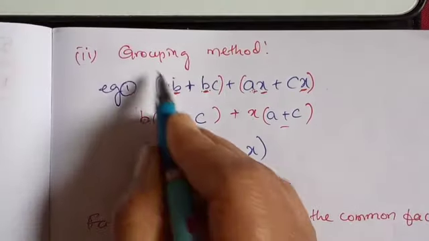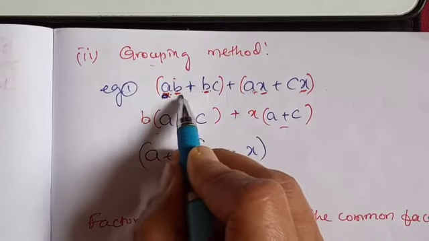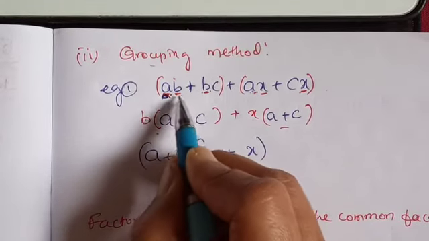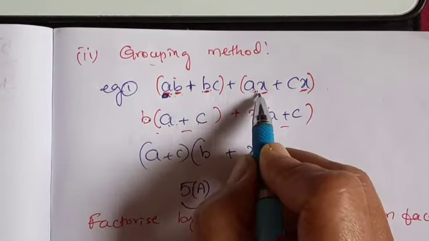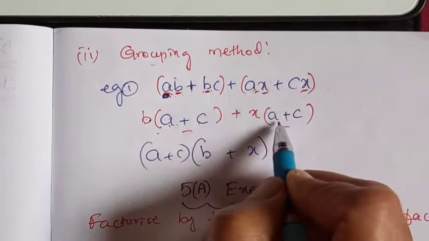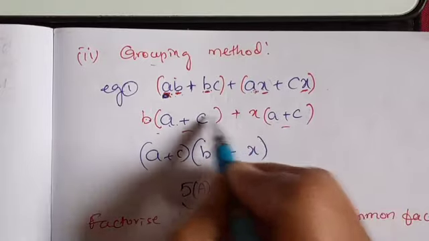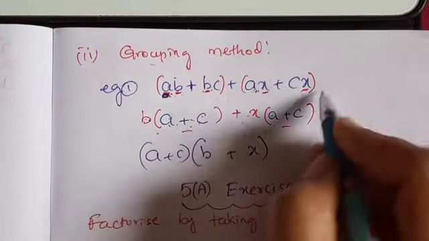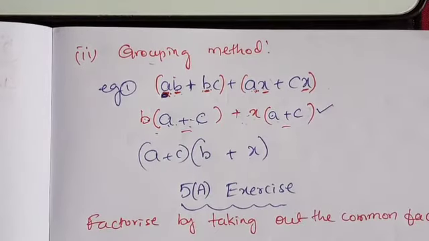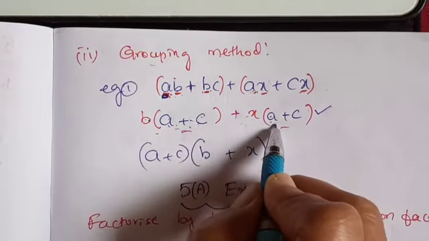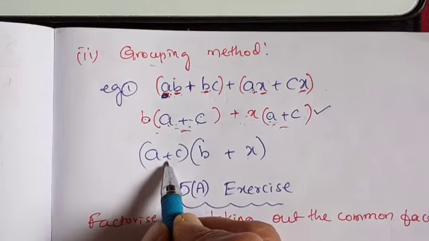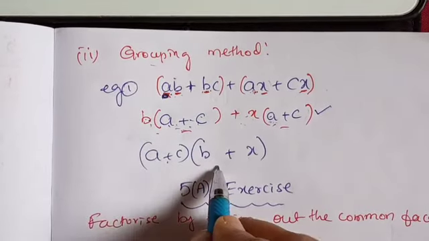In the grouping method, I have taken b as common, so the leftover term is a plus c, and from the other whatever I'm taking common, here also you should get the same answer, then only the process is correct. Because in the next step we have to take common of these two terms also. The leftover term will be the answer.